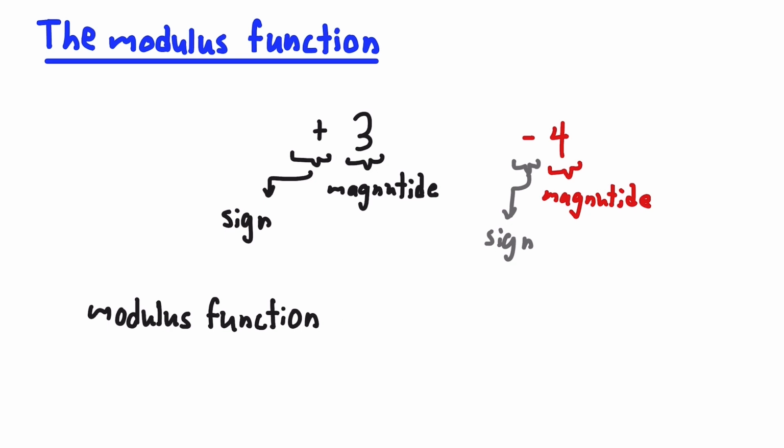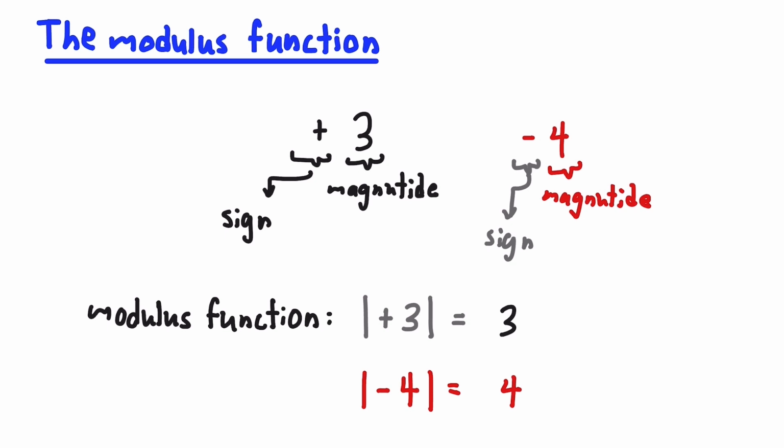It basically takes any number, for example plus 3, and you put it through the modulus function, which is two straight lines around the number, like this. What the modulus function does is that it removes any sign and just leaves the magnitude. Let's put negative 4 in the modulus function, and you will get 4.